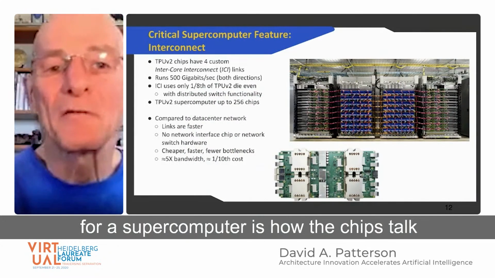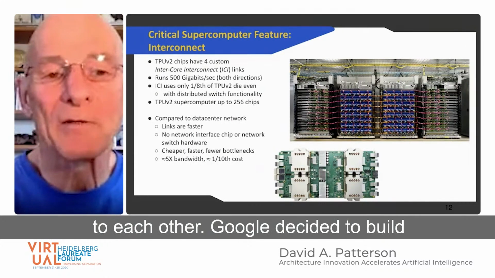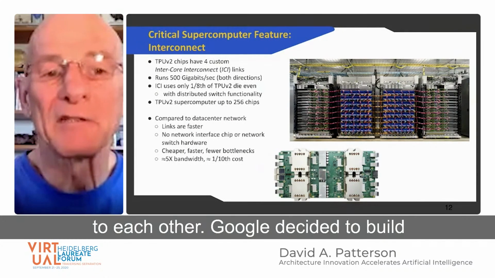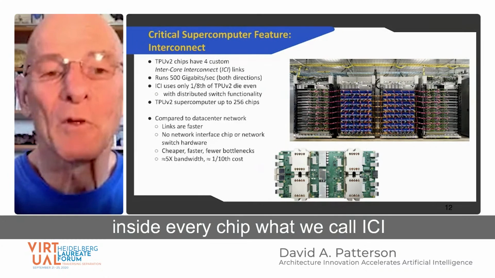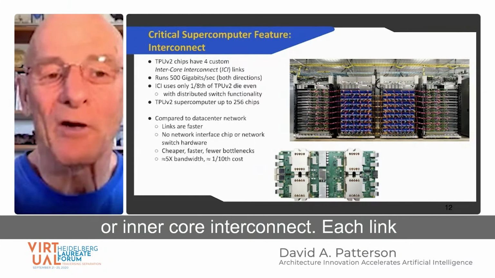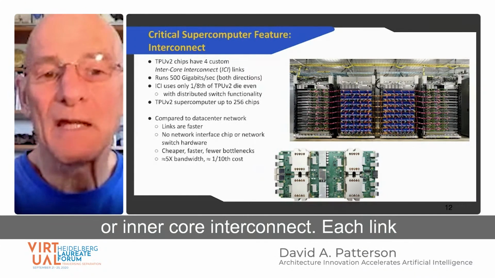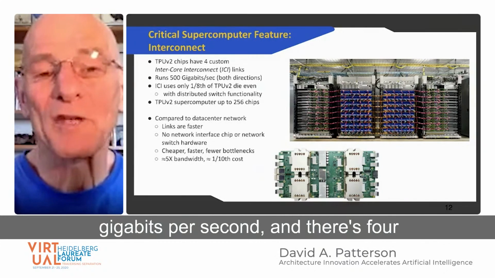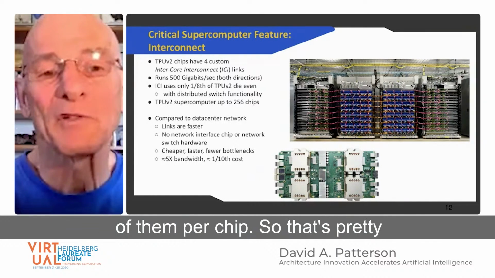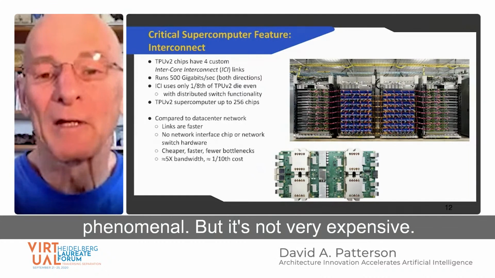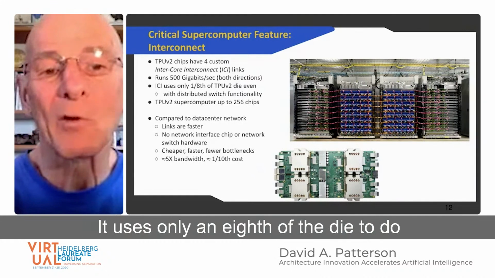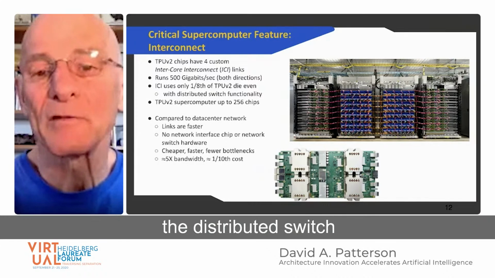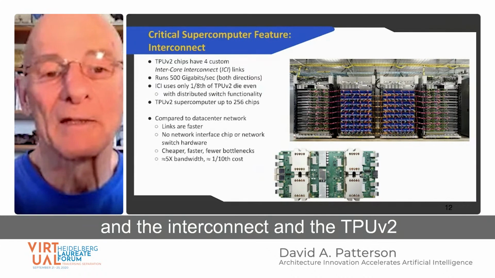A critical feature for a supercomputer is how the chips talk to each other. Google decided to build inside every chip what we call ICI, or intercore interconnect. Each link in each direction has 500 gigabits per second, and there are 4 of them per chip, so that's pretty phenomenal. But it's not very expensive. It uses only 1/8 of the die to do the distributed switch and the interconnect.